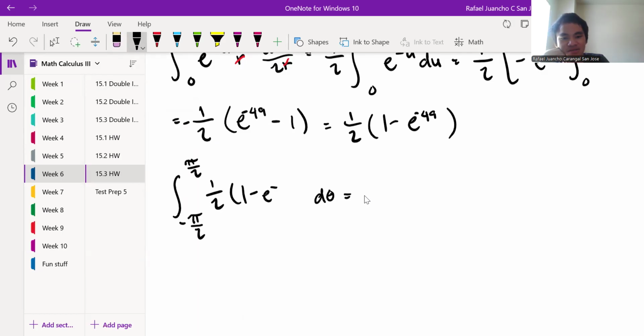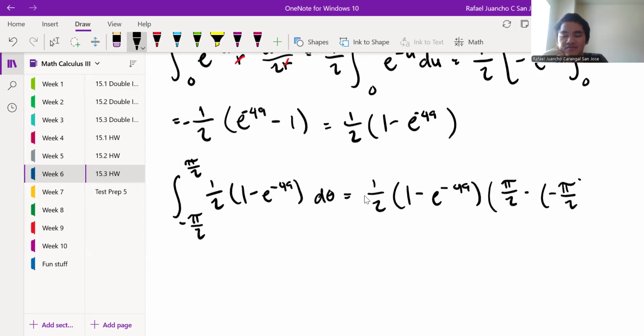I just realized because this is a constant at the end of the day, so I just need to do something like this. And then it's going to be pi half minus negative pi half. And then that's going to be what? 2 pi over 2. And so that's going to be pi half 1 minus e to the negative 49 power. And that's the answer.